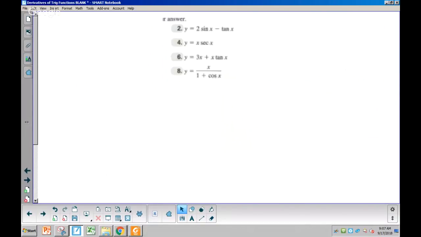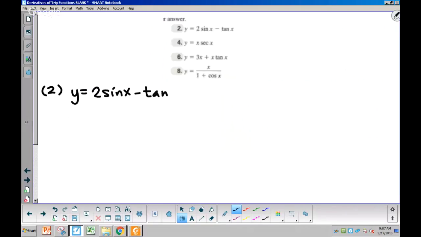Okay, so let's do number 2. If y equals 2 sine x minus tangent x, I need dy dx, okay? So remember, constants just go along for the ride, because if I use the product rule here for this first term, I'd say first, which is 2, d second, which would be cosine, plus second, which would be sine, times the derivative of the first, which is 0.